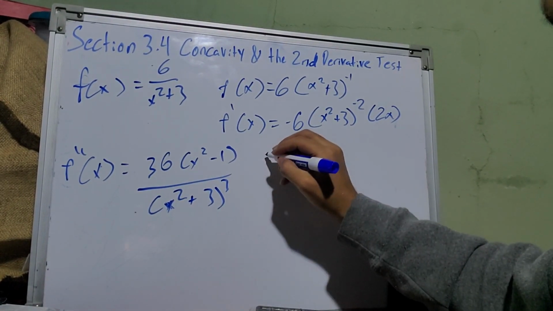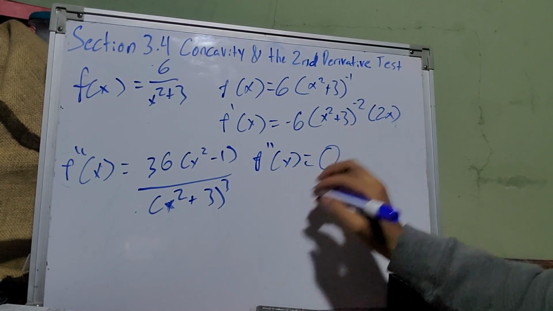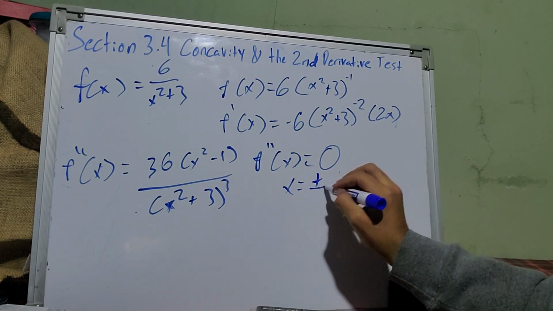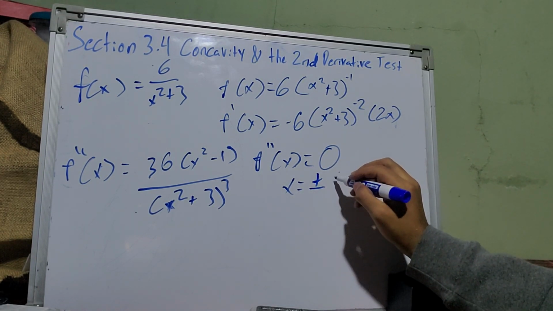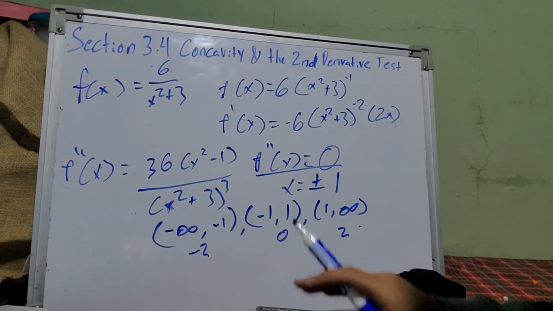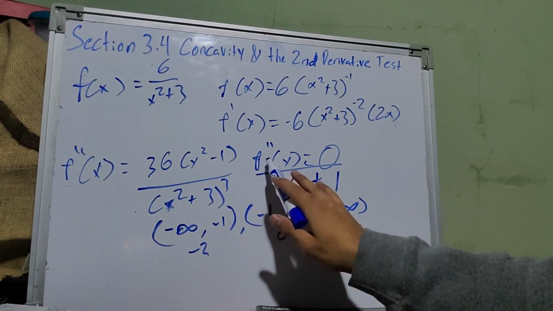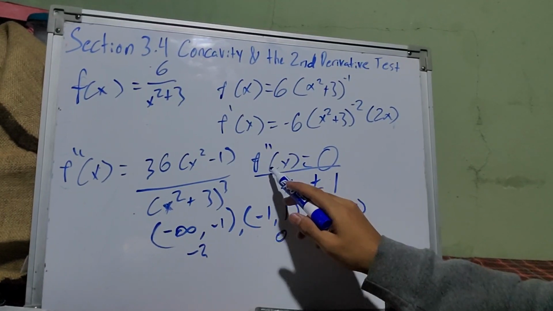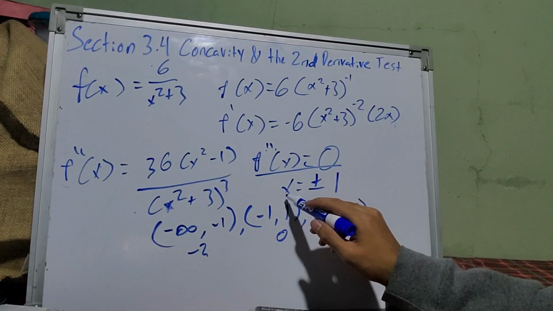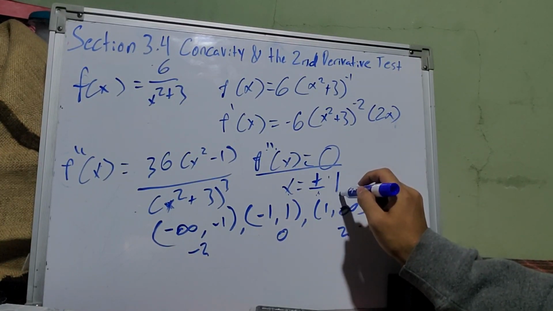Now we will determine when f double prime of x is equal to 0. When the second derivative is equal to 0, we will find that the critical numbers are when x is plus or minus 1.